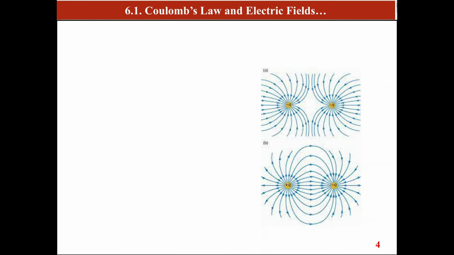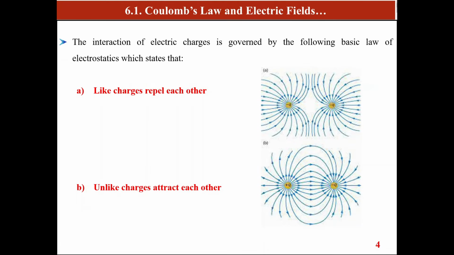Let's proceed. The interaction of electric charge is governed by the following basic law of electrostatics, which states that like charges repel each other. As you can see here, this is a negative charge and this one is also a negative charge, so these two charges repel each other.